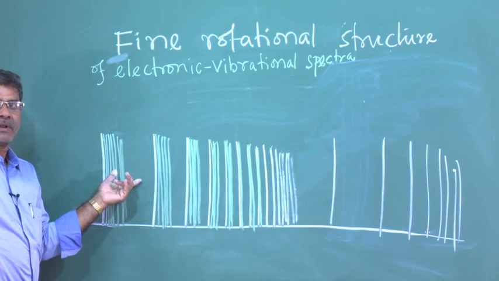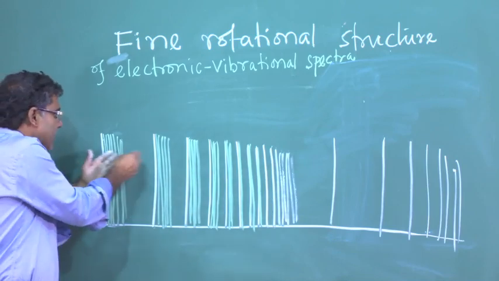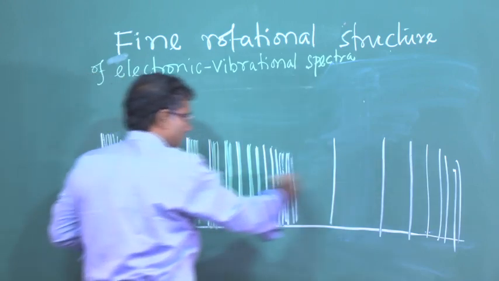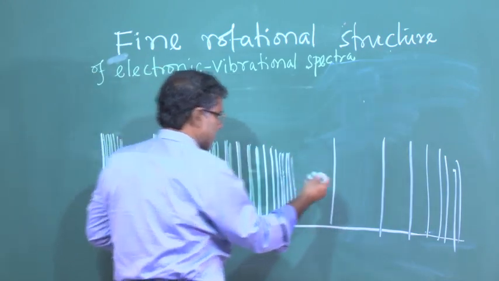Okay. So, you will get this type of structure. These are the fine structure, these are the fine structure, but as a whole, overall, you will see this kind of pattern.